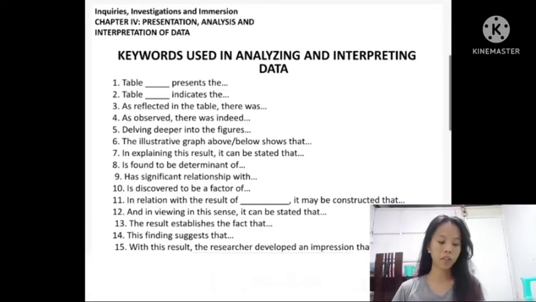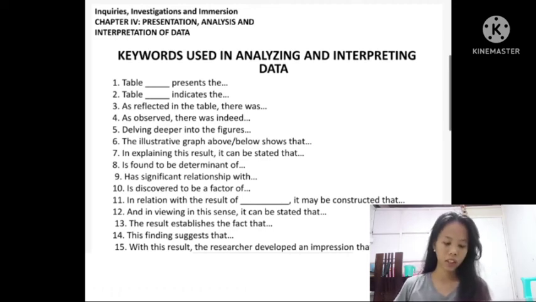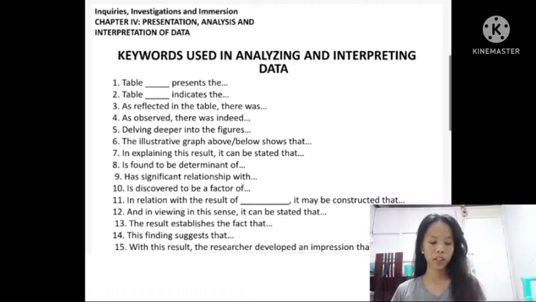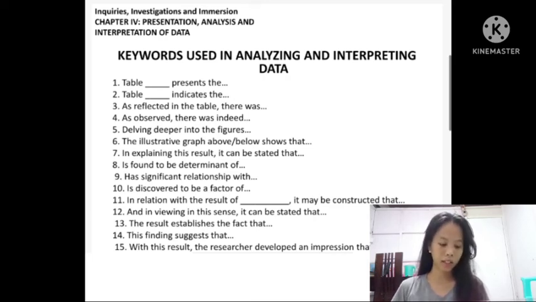Here are some keywords of common phrases used in analyzing and interpreting data. Examples: data presents the, table indicates the, as reflected in the table there was, as observed there was indeed, delving deeper into the figures.